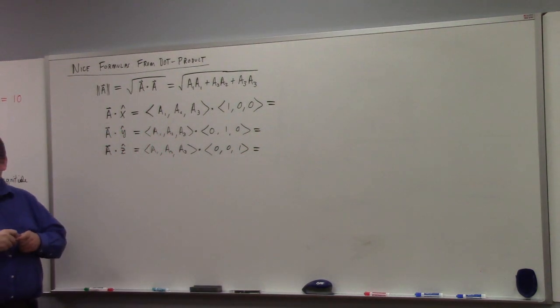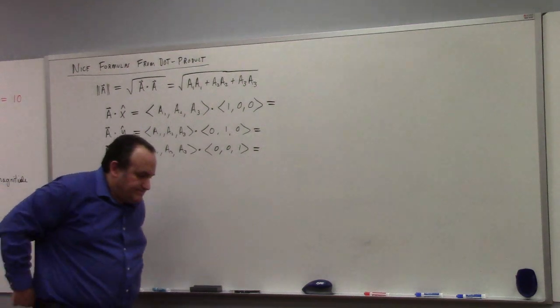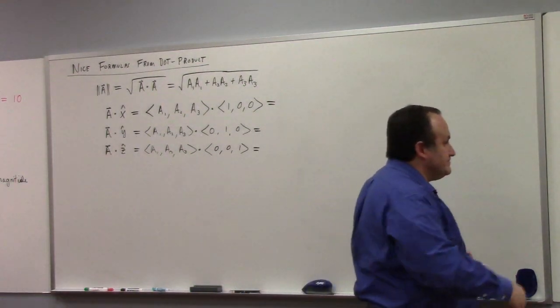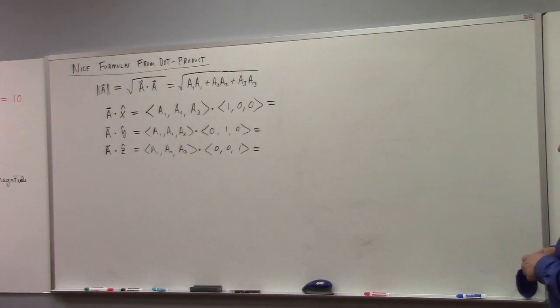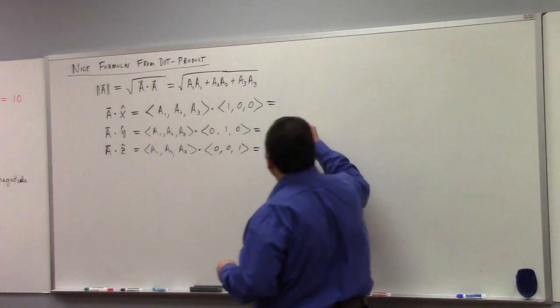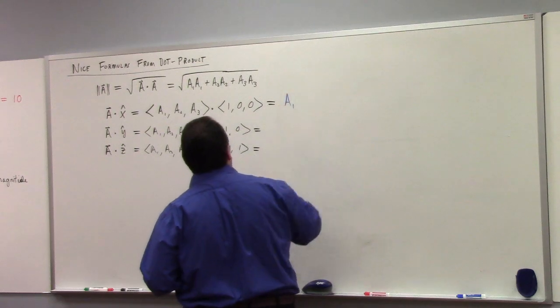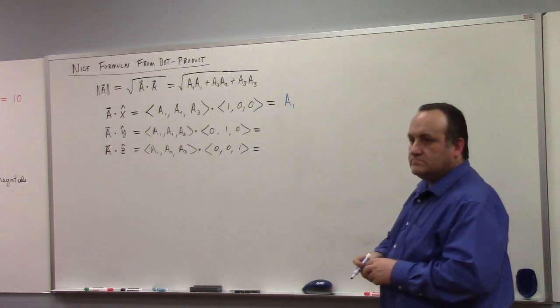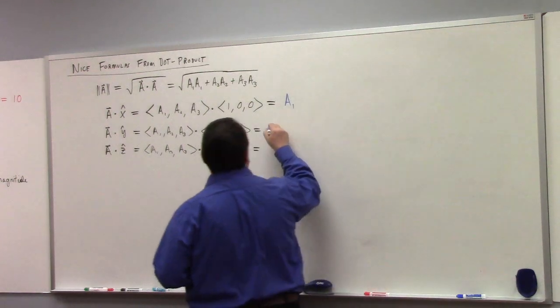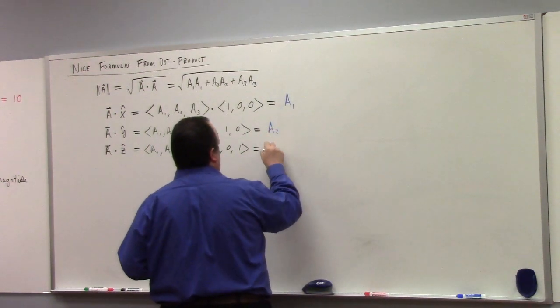So you guys tell me what happens. What do we get? We just get A1. A1, all right. And then A2, right? And then A3.